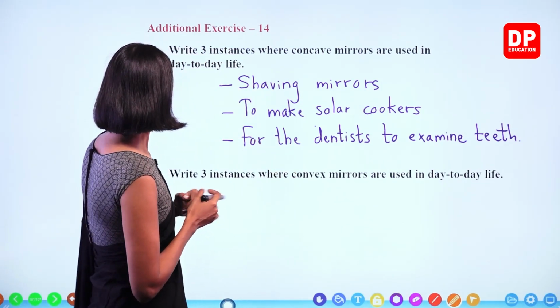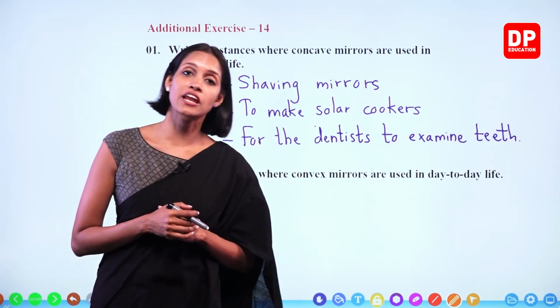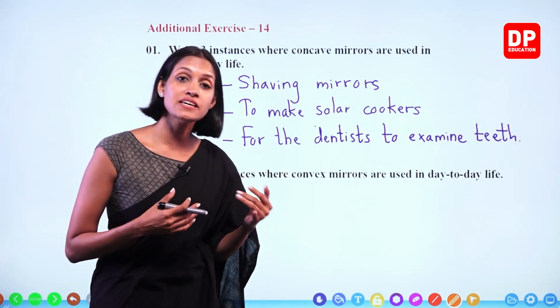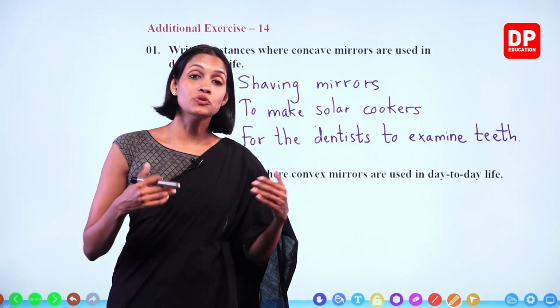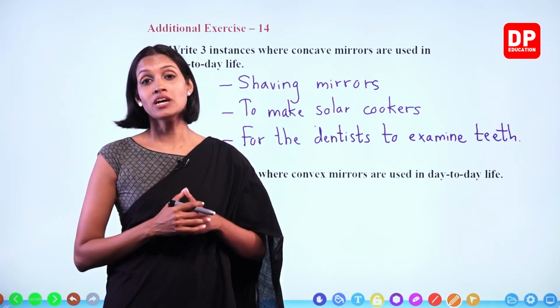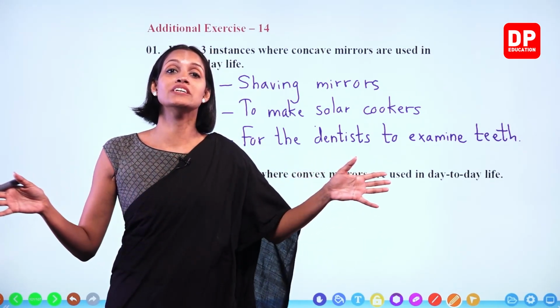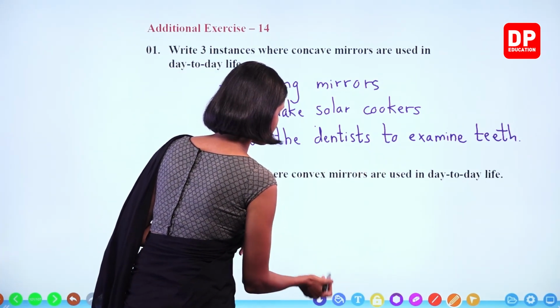Right, children? Write 3 instances where convex mirrors are used in day-to-day life. They are used as side mirrors of vehicles, as search mirrors. For security purposes also it's used. In roads to observe the places where you can't see clearly, it's used. In hallways and hospitals and supermarkets also, to observe a wider area, it's used. Right? Let's write some of them.